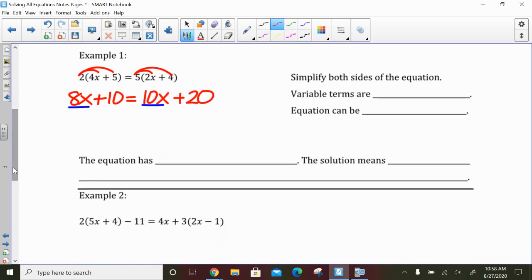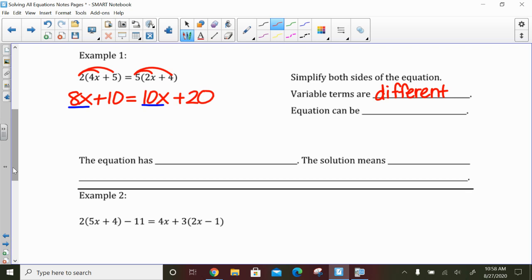So over here we have variable terms are different. All right, and so I have just one solution that I will have. Okay, so it says the equation has blank, so it has different variables. This solution will mean that only one value will work and solve this equation.